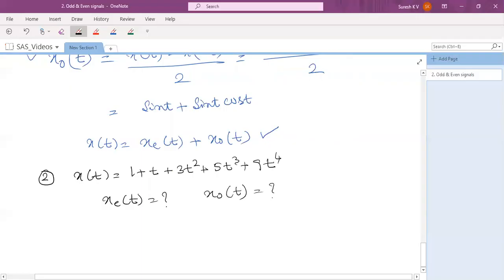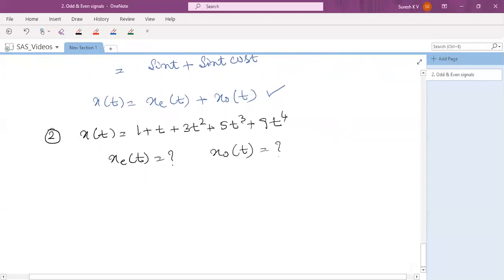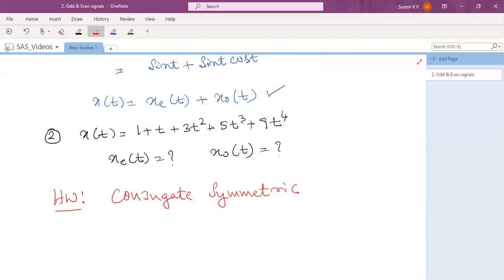Okay, so this can be verified by following the same steps. And I also want to give you a homework. There is a concept called conjugate symmetric, which is defined for complex signals. So I want all of you to look into this concept and understand what we mean by conjugate symmetry.